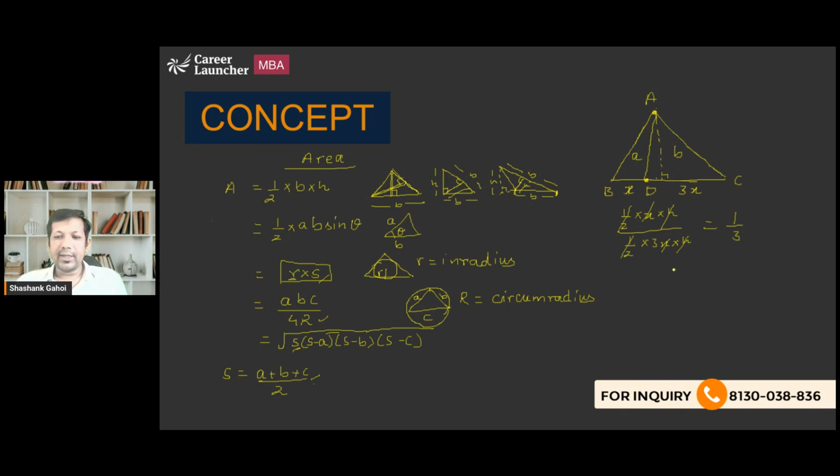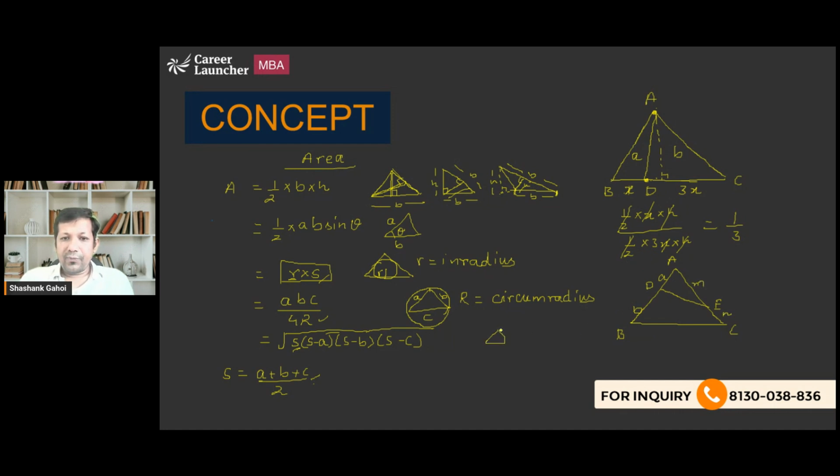Now, the second thing about triangles. For example, let's say this is A, this is B, this is C, and there is a line where point D divides AB, point E divides AC, and this ratio is, let's say, a is to b, and this ratio is, let's say, m is to n.